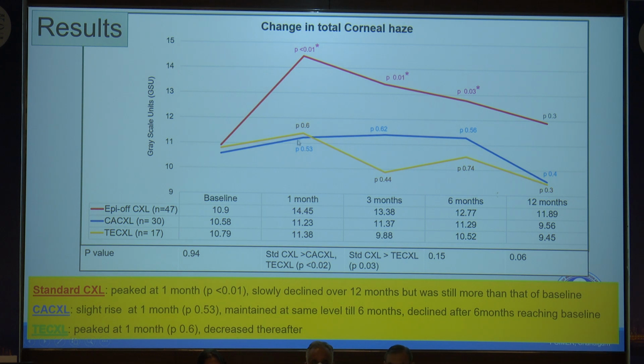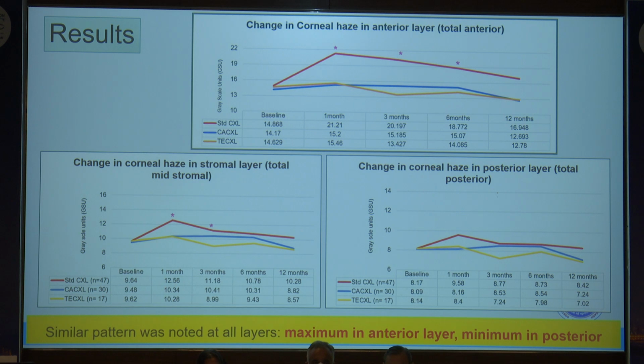In the CACXL group, it was the same from 1 to 6 months and then declined from 6 to 12 months. Whereas in the transepithelial group, it declined after 1 month and remained lower than the baseline. A similar pattern was seen in all the layers, maximum in the anterior layer and minimum in the posterior-most layer.